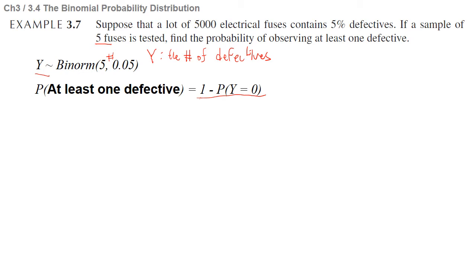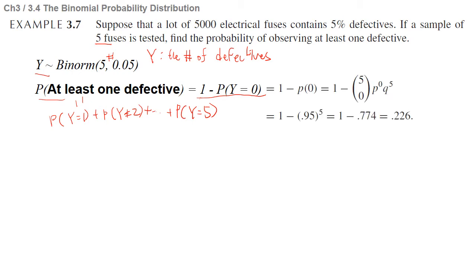So the probability of at least one defective is actually probability of y equals 1 plus probability of y equals 2 plus, and so on, up to y equals 5. And since summing up all the probabilities is 1, the probability of having at least one defective is 1 minus the probability of y equals 0.